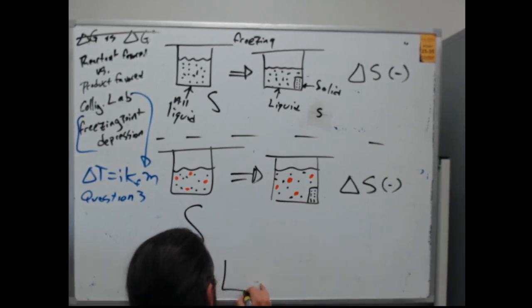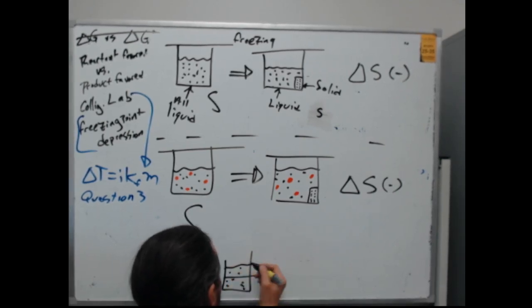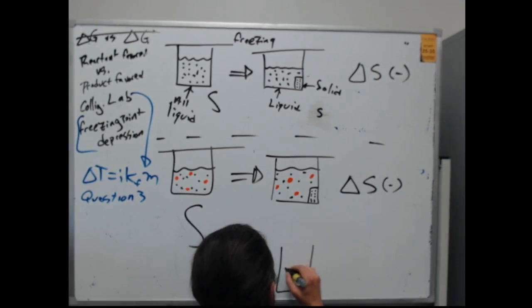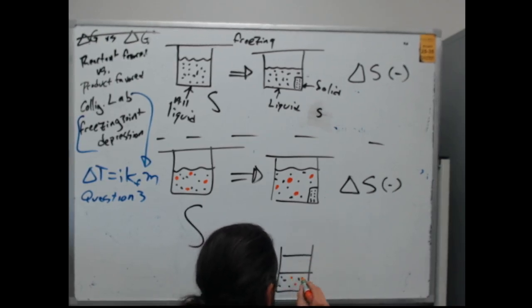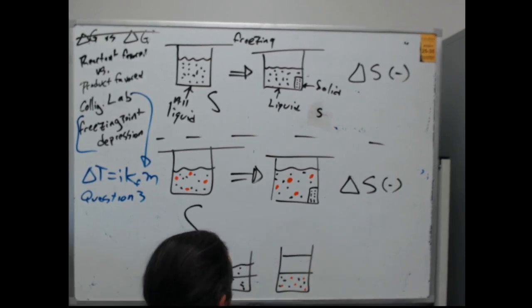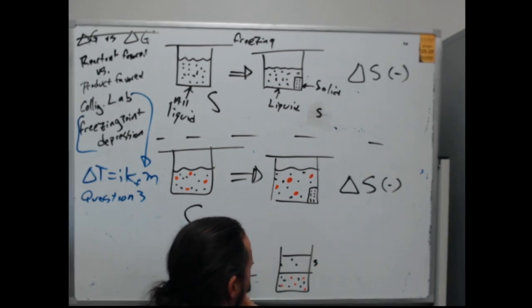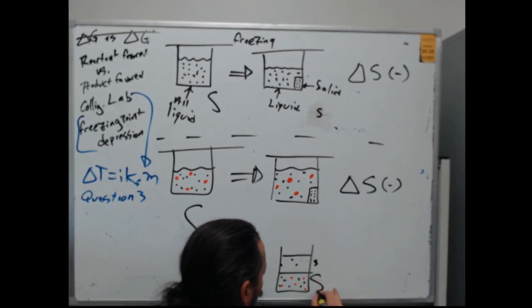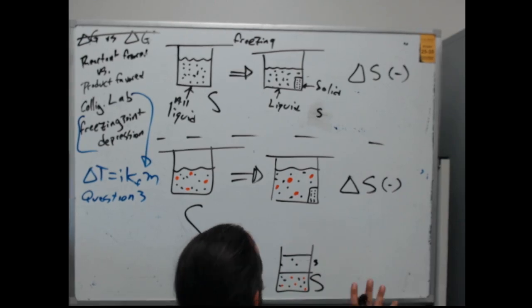Hang on a second. I have to do it for gases real quick. I have an easier time thinking about it for gases. So this is going to be a really big S.